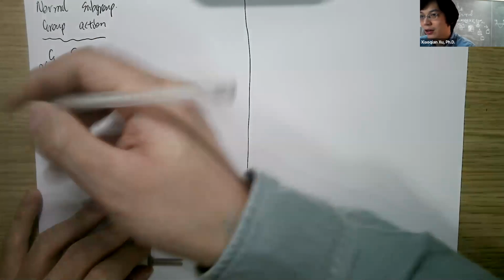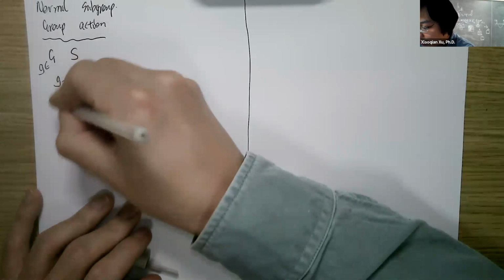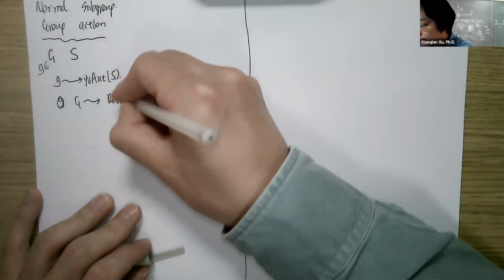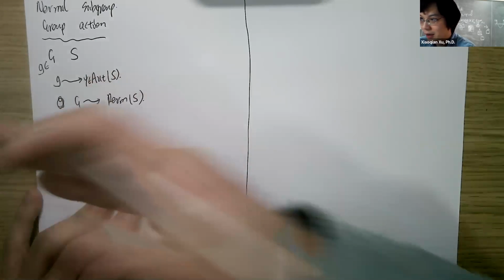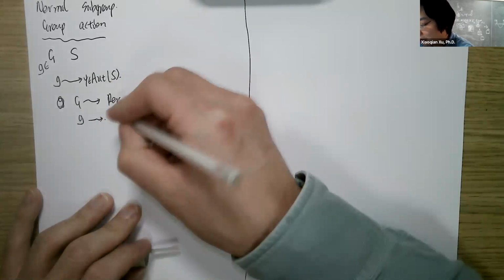Or in some particular examples, we just map G to the permutation group of S, so that G maps to an operation.